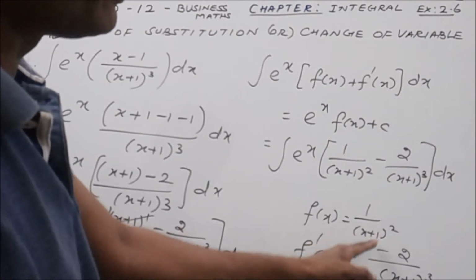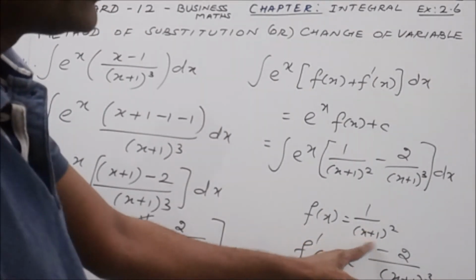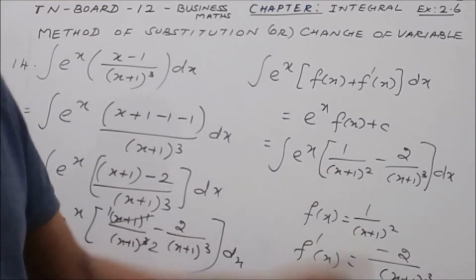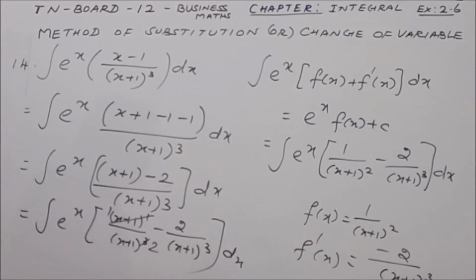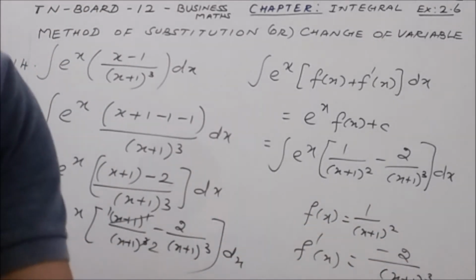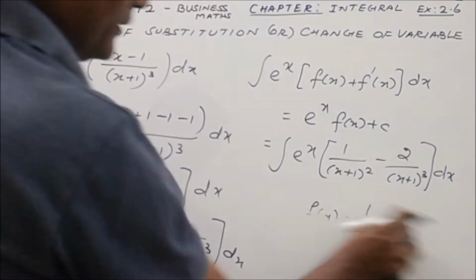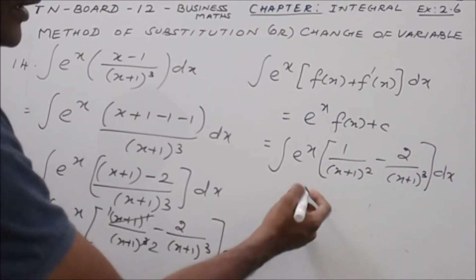Because we have only x plus 1 in the denominator, if we had something other than this, the answer would vary. When we differentiate, we use the chain rule.